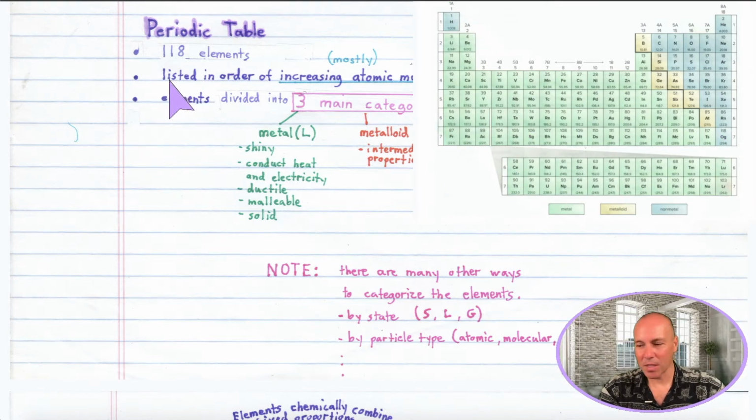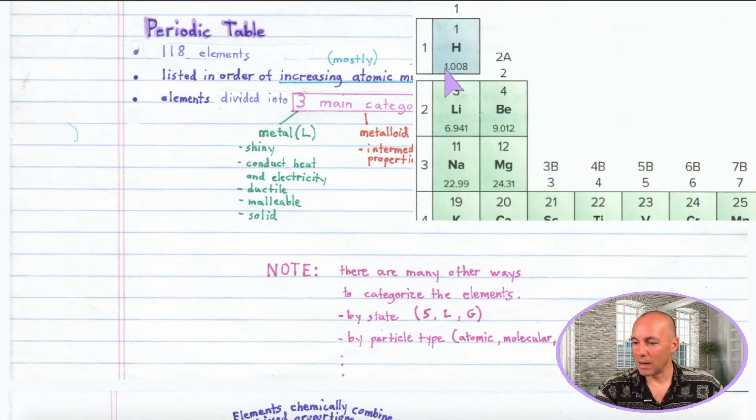Notice that these elements are listed in order of how heavy their atoms are. The 118 elements all have their own unique type of atom, and these atoms all have a certain mass. Now the lightest atom happens to be the first element in the table.